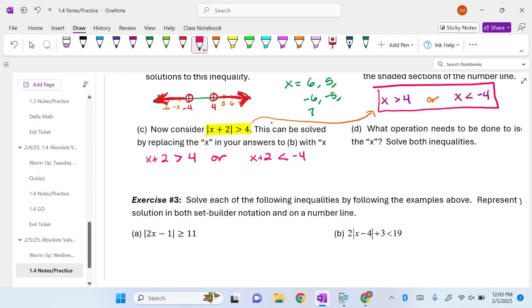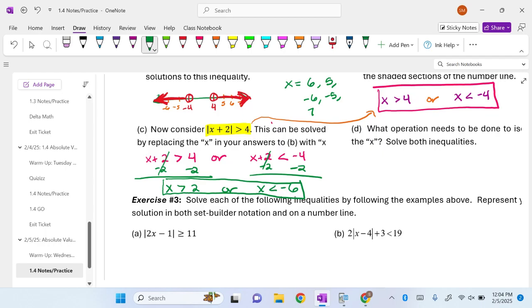All right, so that's why we do it. And then we can just solve. So to solve for both of these, I'm just going to subtract 2 from both sides. So that goes away, that goes away. X is greater than 2, or X is less than -6. And that would be how we wrote our answer.